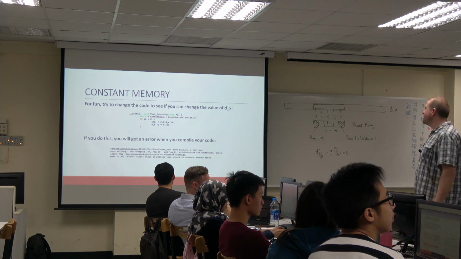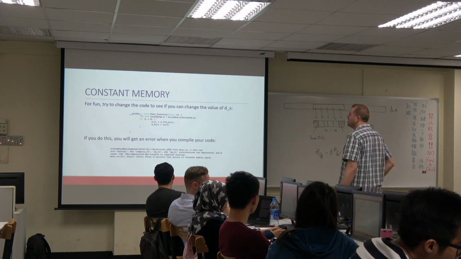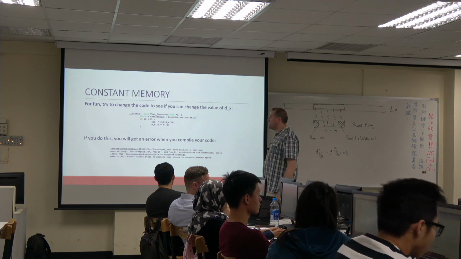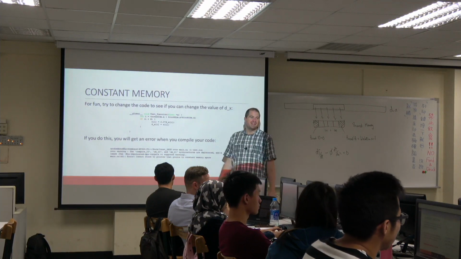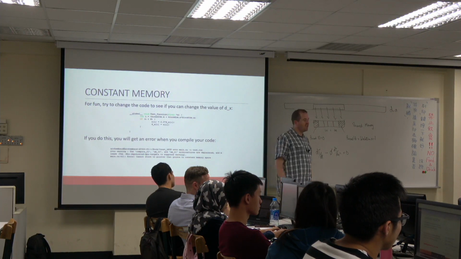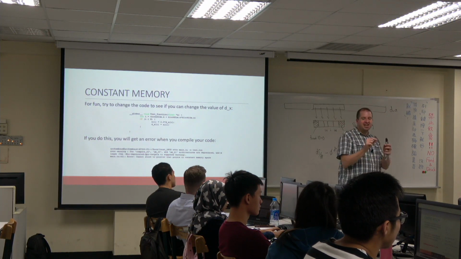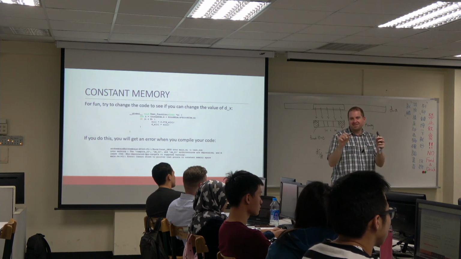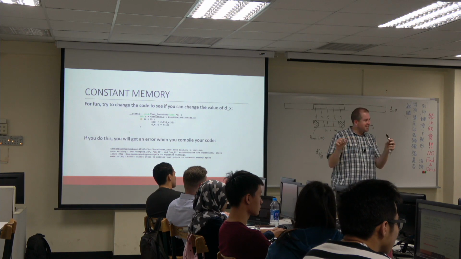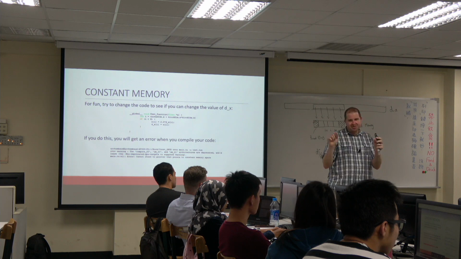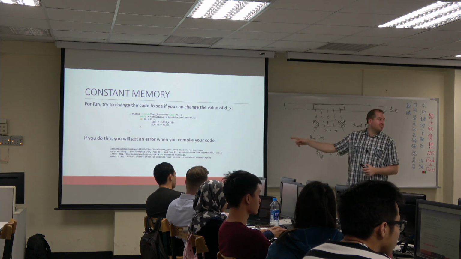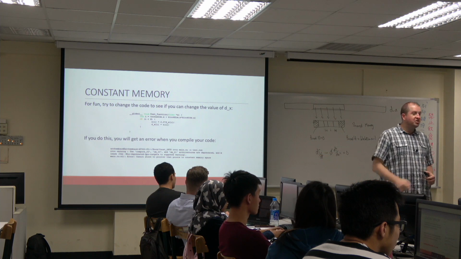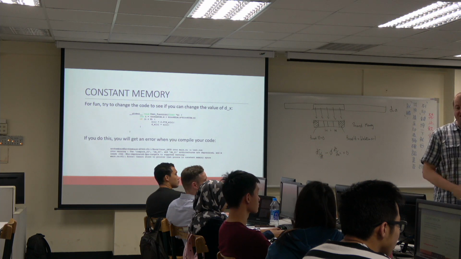If I try to do this when I compile my code, my compiler will say error: cannot store to pointer that points to constant memory space. I really wish that I could work at NVIDIA and change those error messages. But if I did that, then people would not use my compiler because I would be saying something like, don't be stupid and try to change the constant memory. You set it to be constant. It cannot be changed. It is constant.